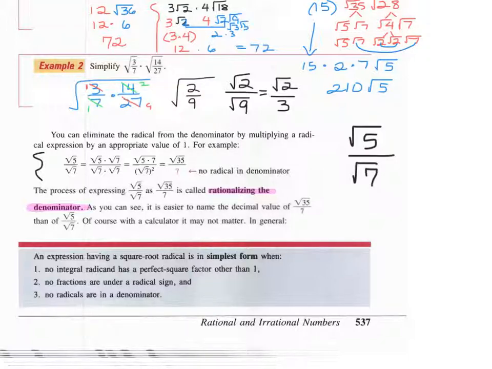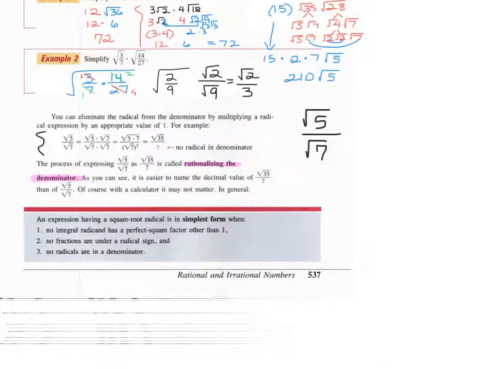And for the rules for radicals, I can never leave a square root symbol in the bottom of a fraction. So what I have to do is apply this technique called rationalizing the denominator. And in order to do that, I'm trying to make my denominator a perfect square. And the easiest way to do that is to multiply it by itself.